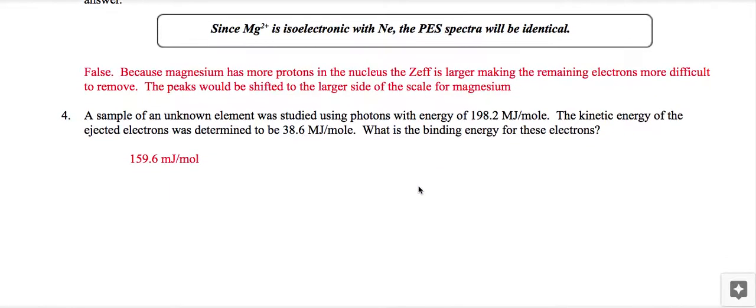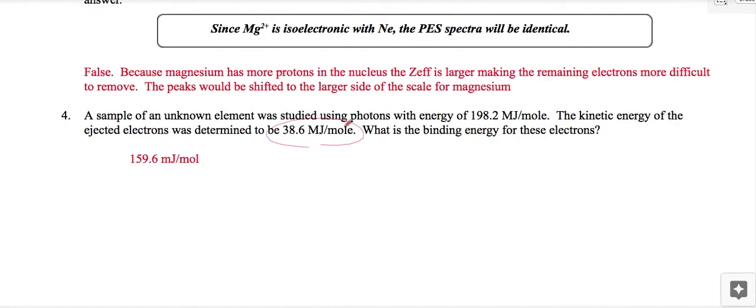All right, number 4. This one is way easier than it looks. We have photons with this kind of energy, and the kinetic energy of the electrons that are ejected has this value here.